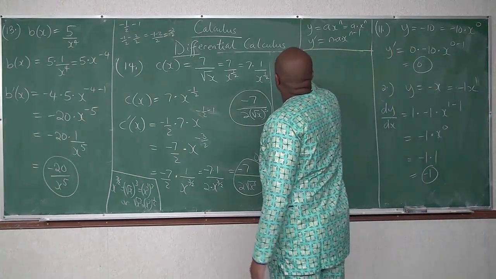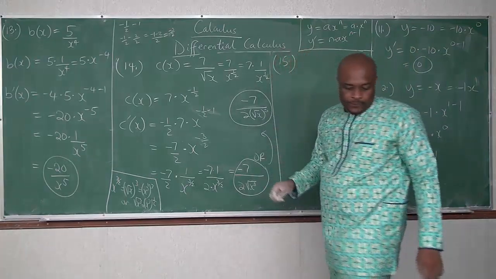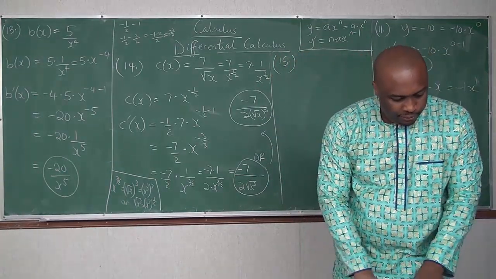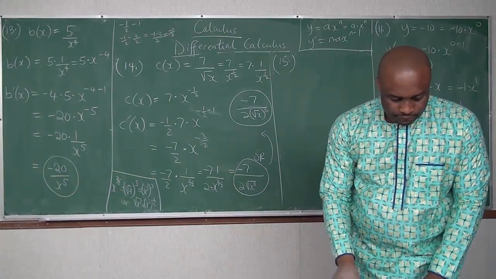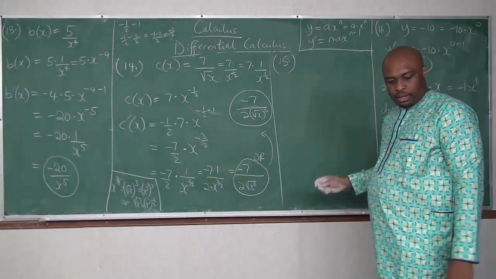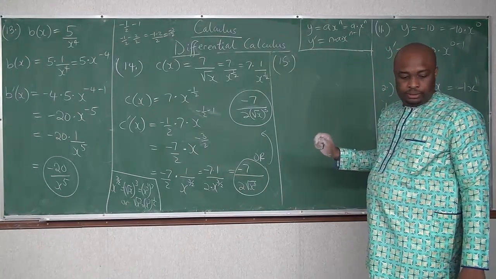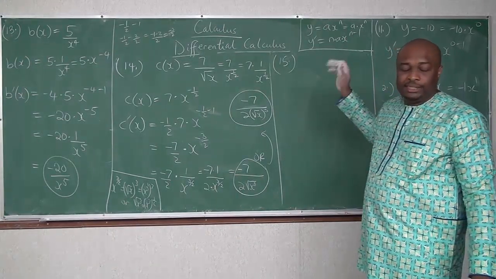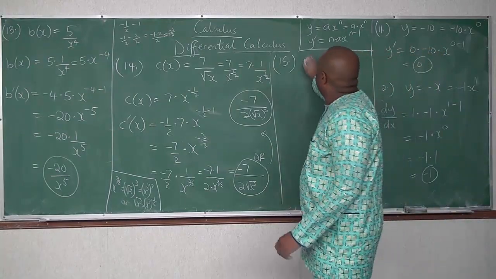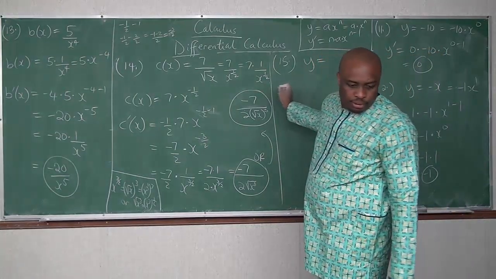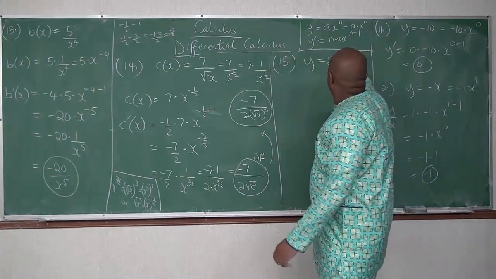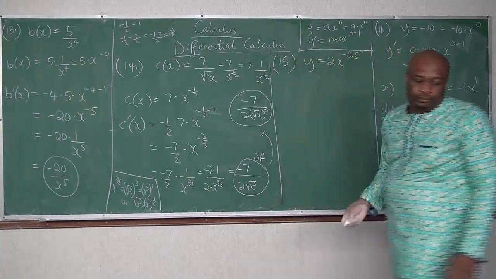Question 15. Five more to go: 1, 2, 3, 4, 5, 6. After 15, 6 more to go, I mean. For 15, you have y equal to 2x exponent negative 0.5.